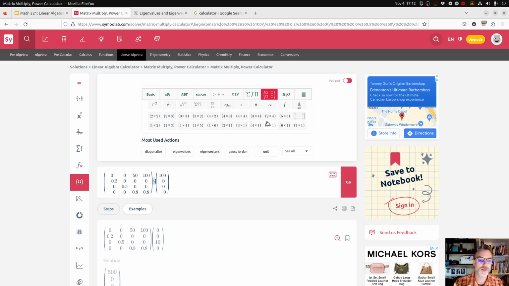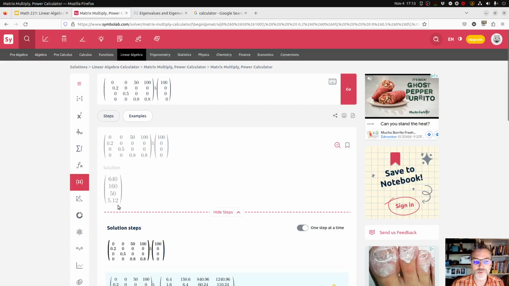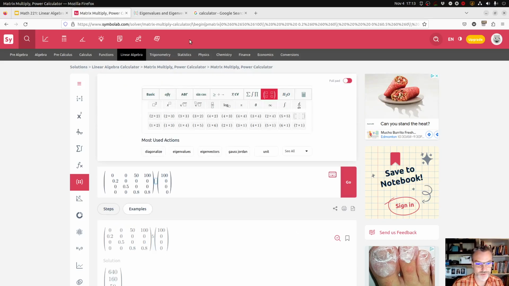And I could look at what happens to the population in 5 years, for example. And here we go. It shows the makeup of the forest. I would have 640 seeds hanging around, 160 saplings, 50 juveniles, and about 5 adults. Okay, and I could do this again. I could increase it.